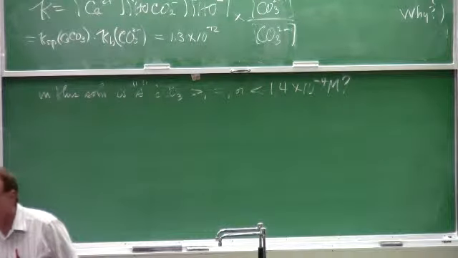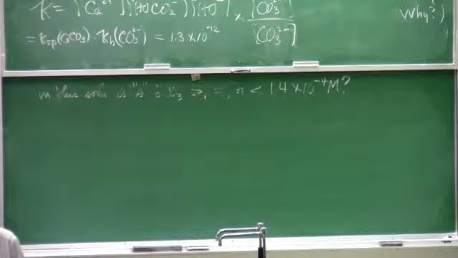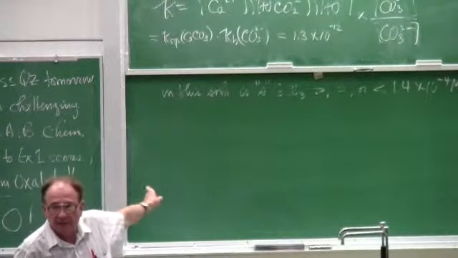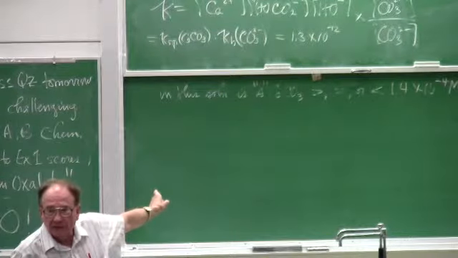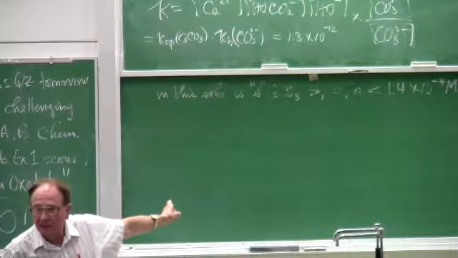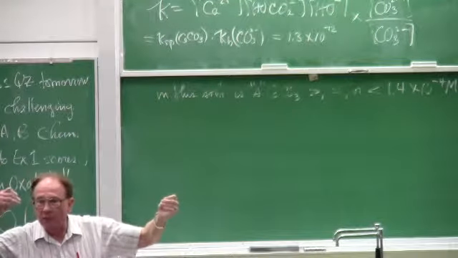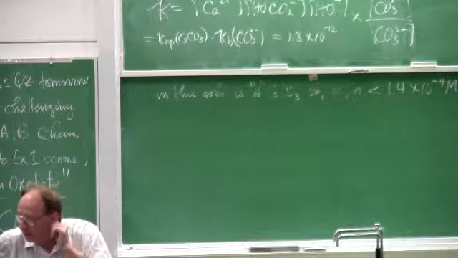I'm curious. I want to know the answer to this question before I do any calculation. In this solution, buffered at pH 8, the true calcium carbonate solubility will be blank than 1.4 times 10 to the minus 4.